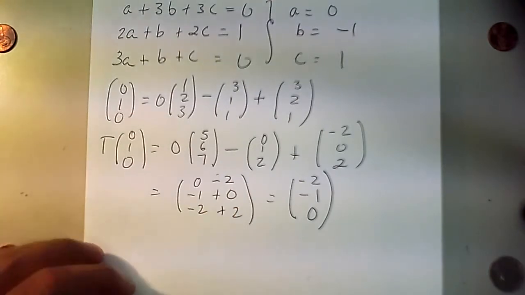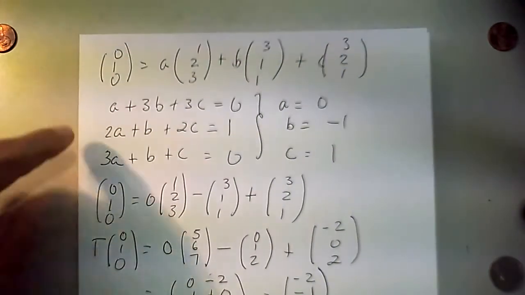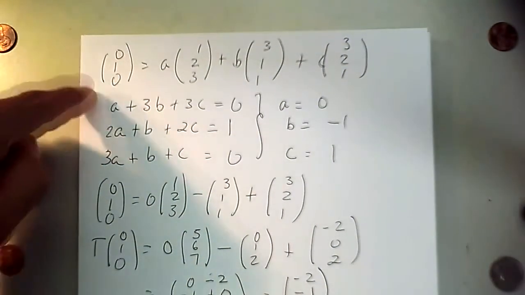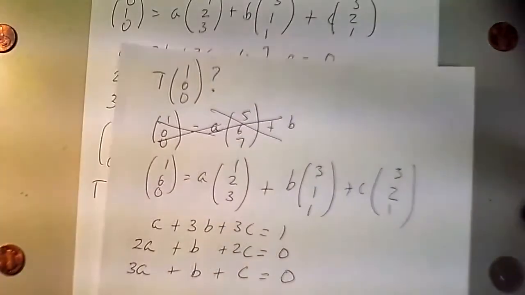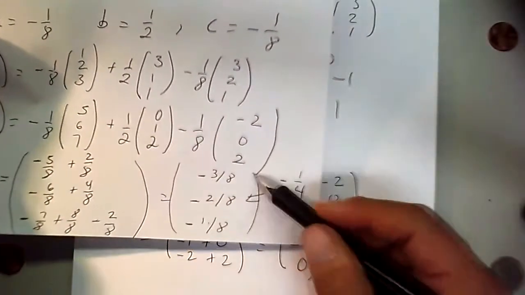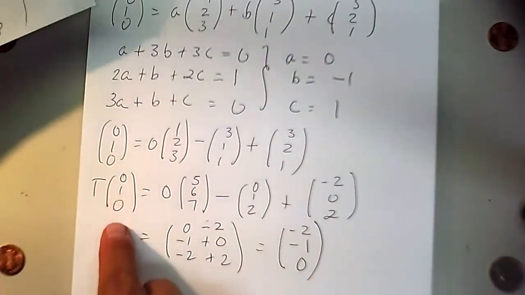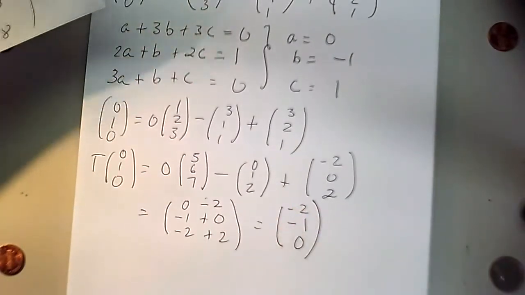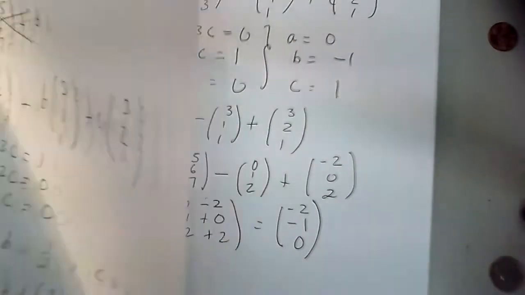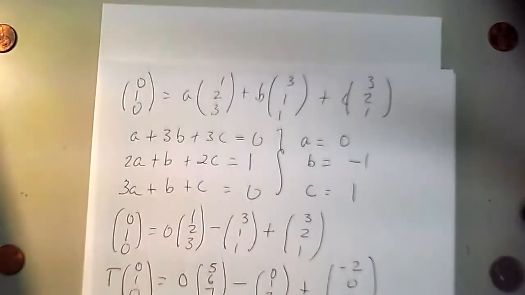Now we're gonna do the same thing for 0, 0, 1. We did this for 1, 0, 0, and we got this weird vector with fractions. 0, 1, 0 gave us a nice vector without fractions, some negative numbers. And now let's see what happens with 0, 0, 1.